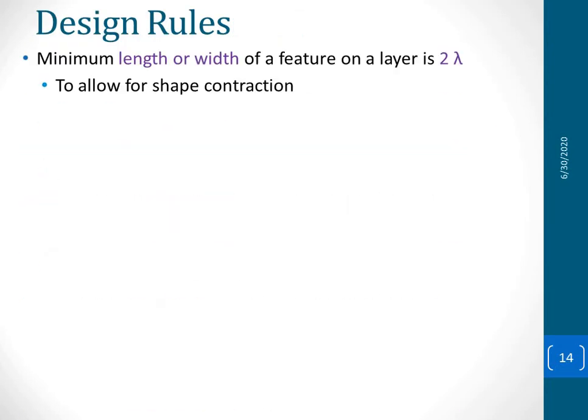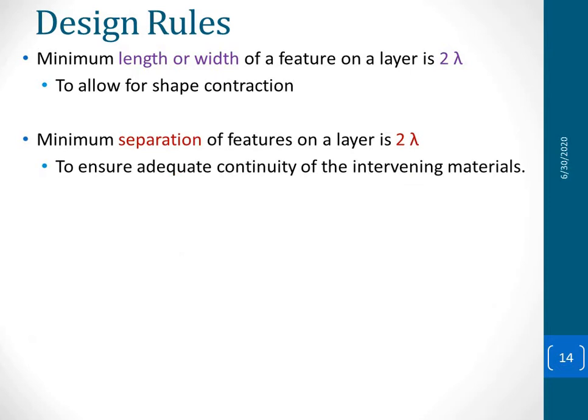Minimum length or width of the feature on a layer is 2 lambda to allow for shape contraction, and minimum separation of features on a layer is 2 lambda to ensure adequate continuity of intervening materials.